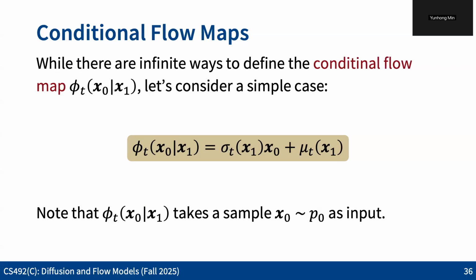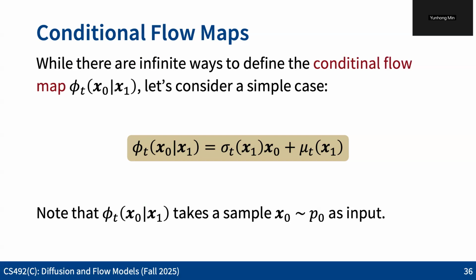So from this kind of conditioning setup, if we specify x0 and x1, when t is 0 the output should be x0, and when t is 1 it should be very close to x1. Which means that while we see some general form, still a linear function of the conditional flow map, our definition of these functions should satisfy those boundary conditions.